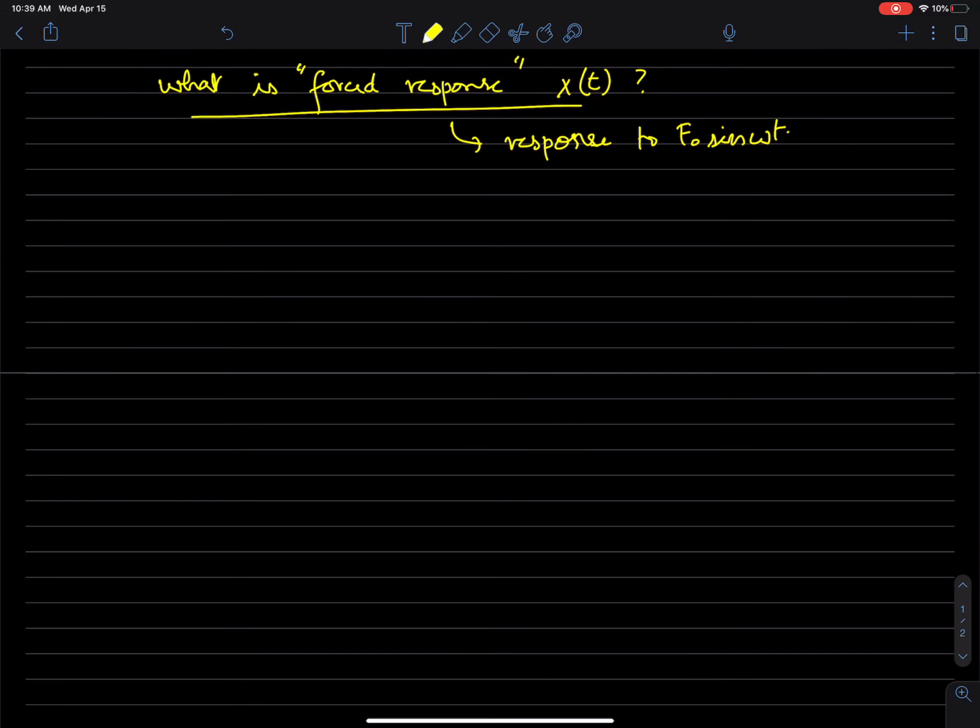In your differential equations class, this would be called a particular solution, whereas the free vibration response would be called something else, the complementary solution or the homogeneous solution. This is called a particular solution for f naught sine omega t.